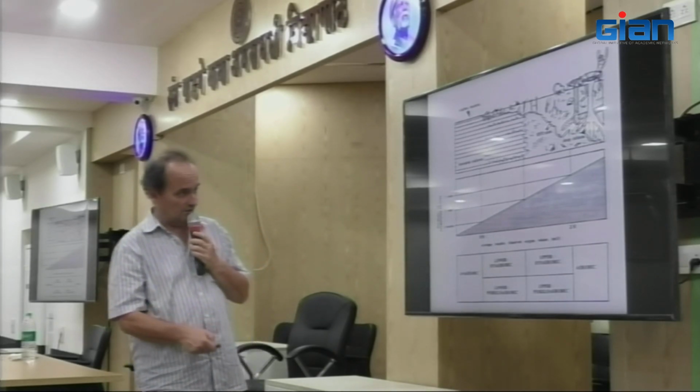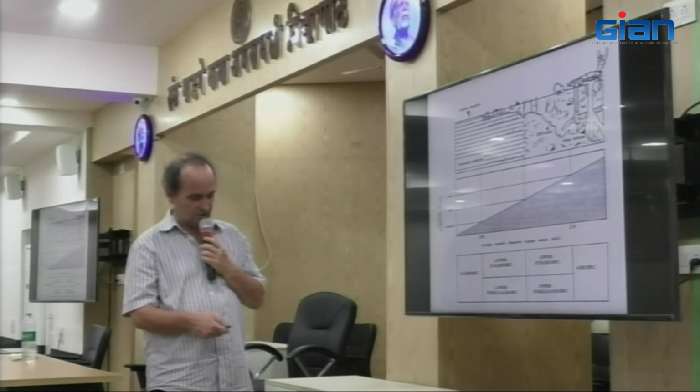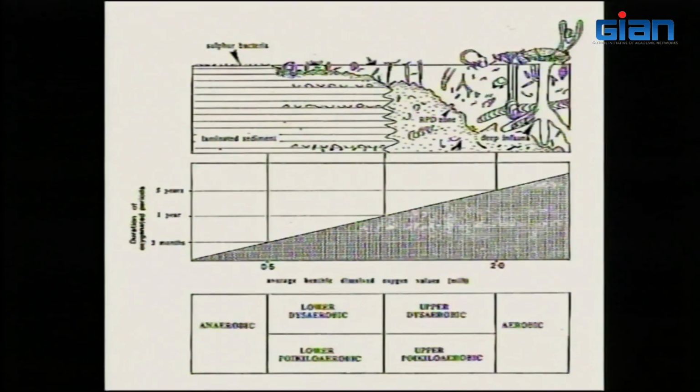So in very low oxygen conditions, as you have here, for example, in anaerobic conditions, you will get pure laminated sediments. And on top, on the seafloor, you have mats which are produced by sulfur bacteria. And if you increase the amount of oxygen on the seafloor here, in the rocks you will have more and more bioturbation.